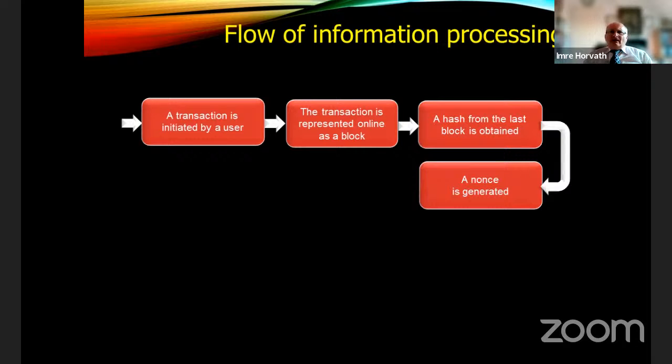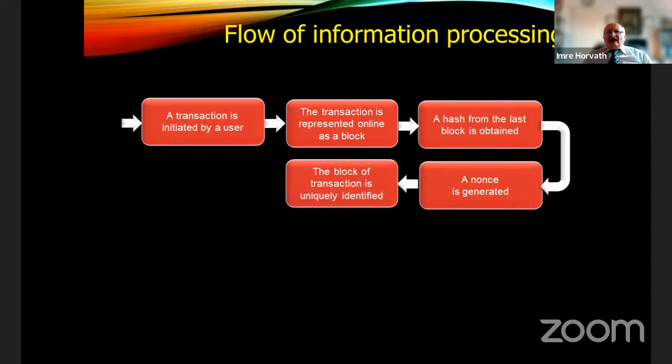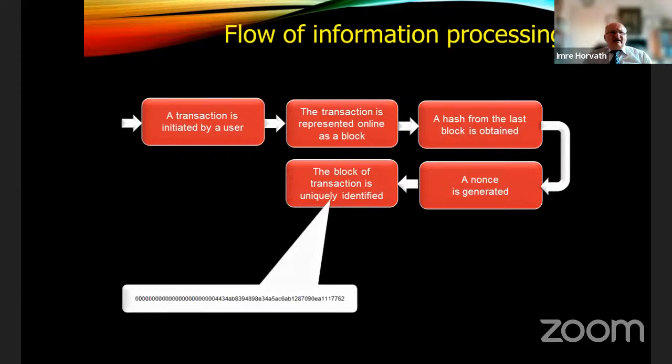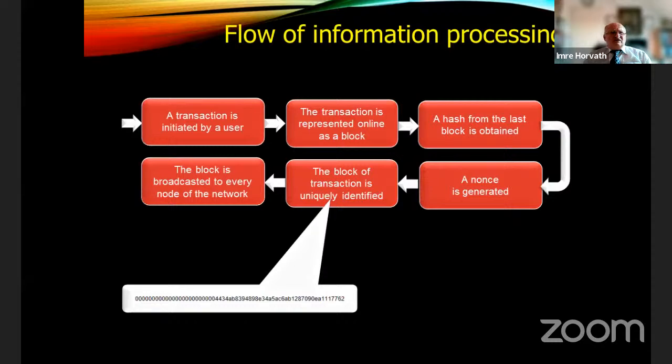Then a nonce is generated. The nonce is a kind of unique identifier which can only be used once by any system. When it is generated, then with the hash and the nonce, the block of the transaction is uniquely identified, and then you get these sorts of identification codes.